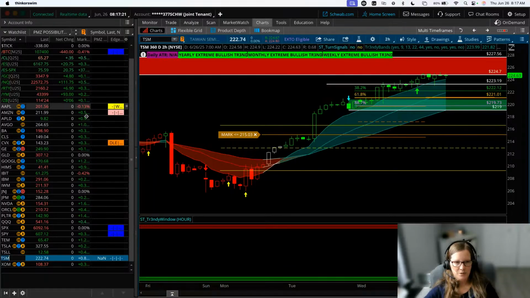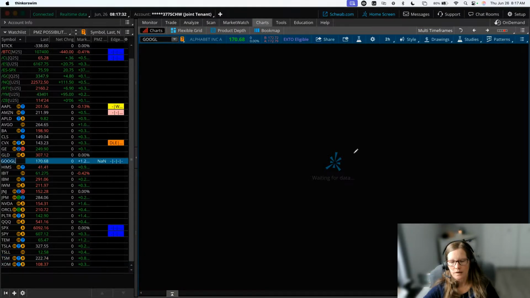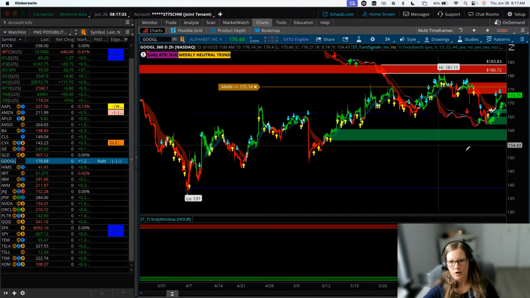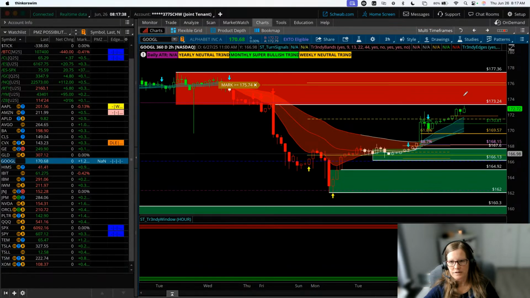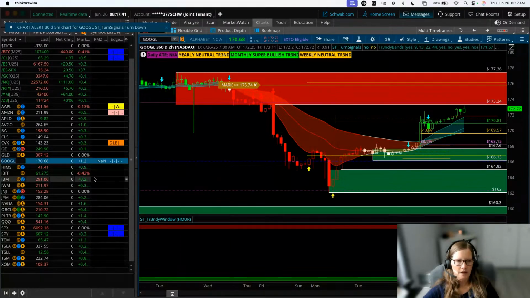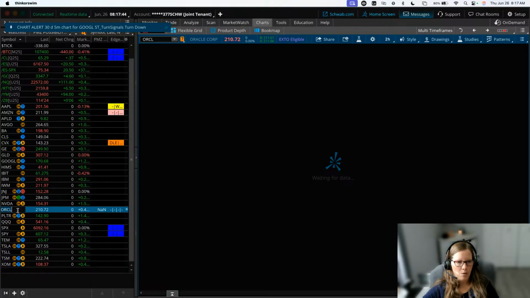You see Apple here, it's lagging as it has been for I don't know how long, but Google's looking great. We had a great quick overnight swing trade on Google, but where's Google at? It's right at an area of resistance. Not my favorite to look at. Then I can come down, look at Oracle.